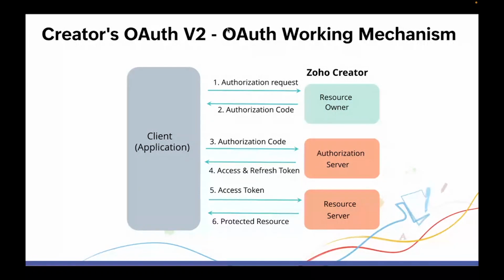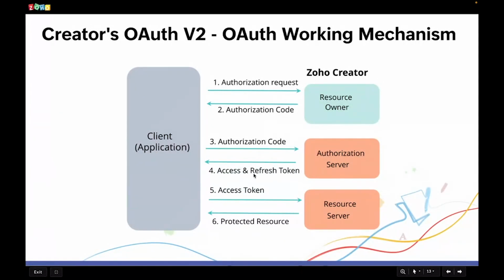So when I say resource server, it stores all the protected resources like the data, functionality, or the metadata within the Zoho Creator application. To put it in a nutshell, first is the authorization request, and then it will produce the authorization code. Since this is a short-lived code, with the help of this authorization code, the access token and the refresh token will be generated.